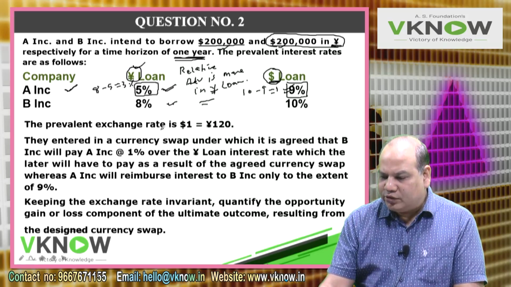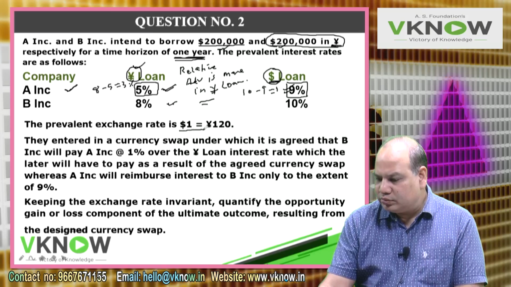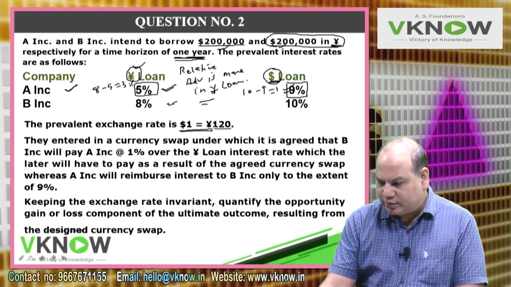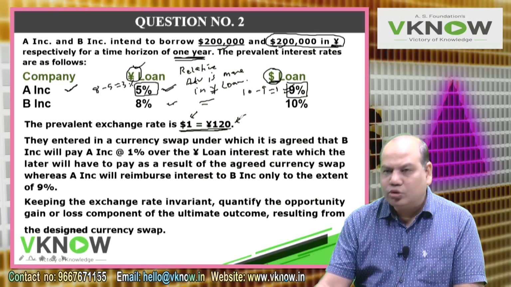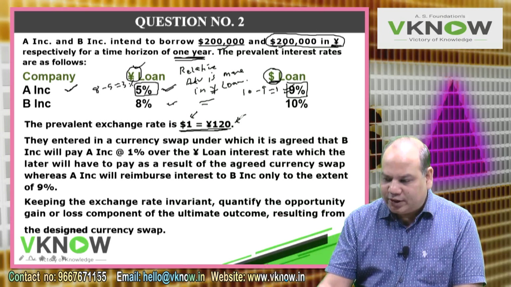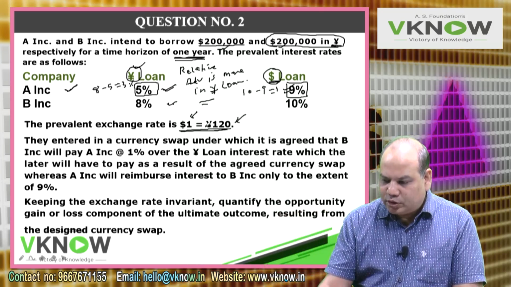The prevailing exchange rate is $1 is equal to 120 yen. So this party wants to borrow $2 lakh. This party will want to borrow 2 lakh into 120 yen. No problem.